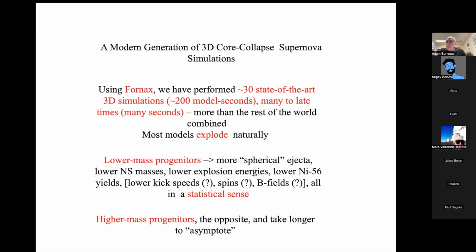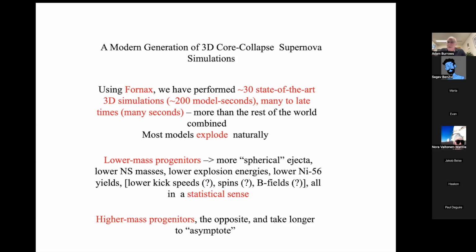And most models explode naturally. I'll contend, in fact, that, at least in broad outlines, certainly to zeroth order, the problem of core collapse supernova explosions and their mechanism has been solved. And it's the neutrino mechanism aided by turbulence most of the time, with many components that are quite interesting.